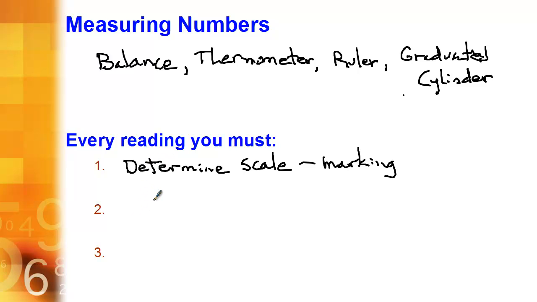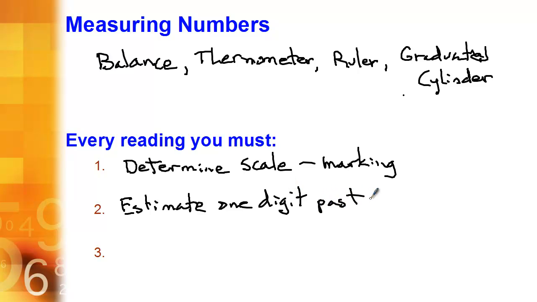The second thing that you must do, from those markings, you need to estimate one digit past the smallest marking. So that's why you have to figure out the scale first.